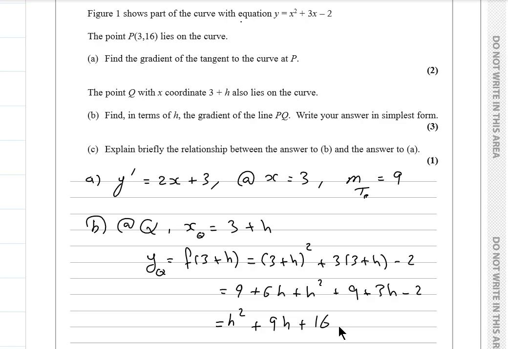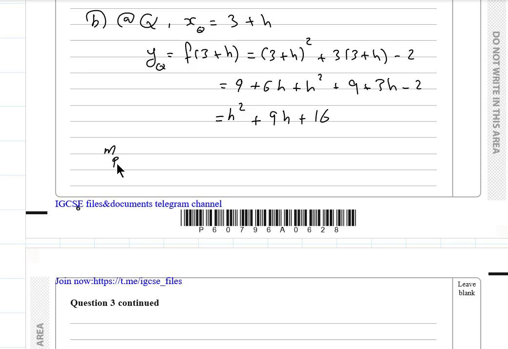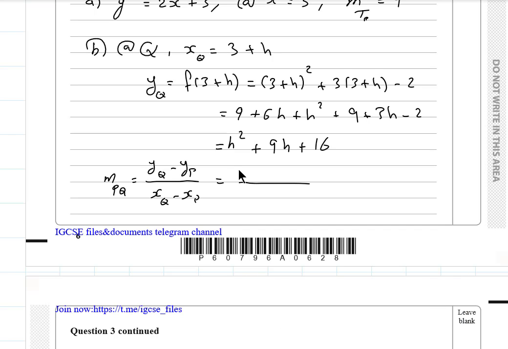Okay, we can write m_PQ equals y_Q minus y_P divided by x_Q minus x_P, and then we can substitute. y_Q is h squared plus 9h plus 16, and this expression is y_Q minus y_P, which is 16, and then x_Q, which is 3 plus h, minus 3.